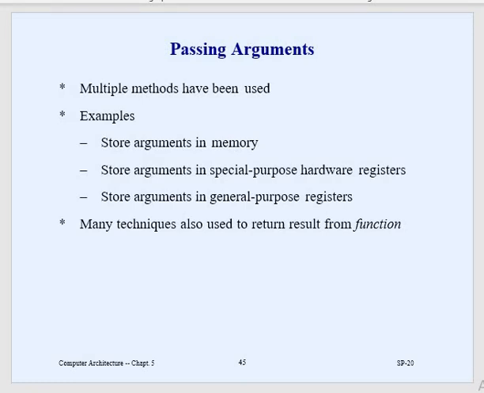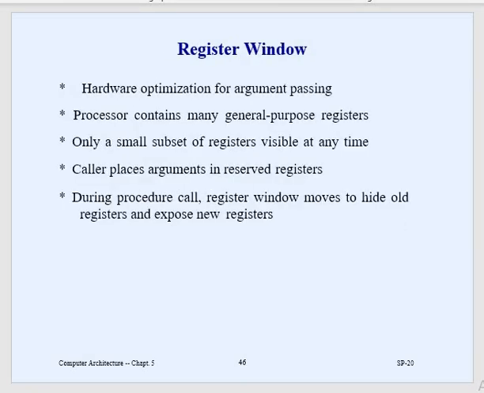We can store arguments in special purpose hardware registers, as well as in general purpose registers. And many techniques are also used to return results from a function. So these are the arguments, and we will further look into how we use these arguments.